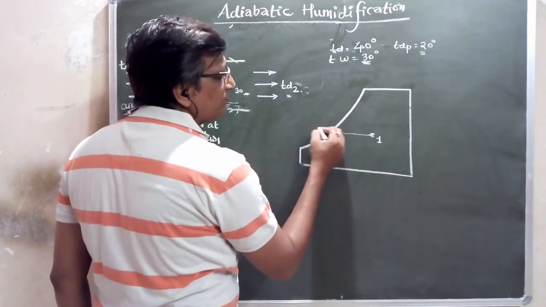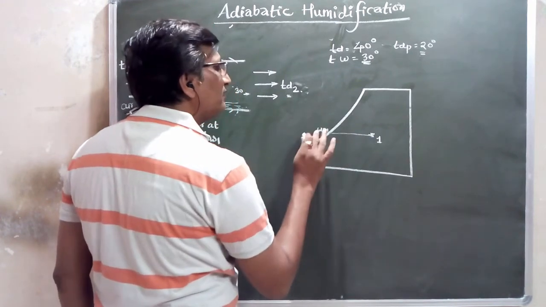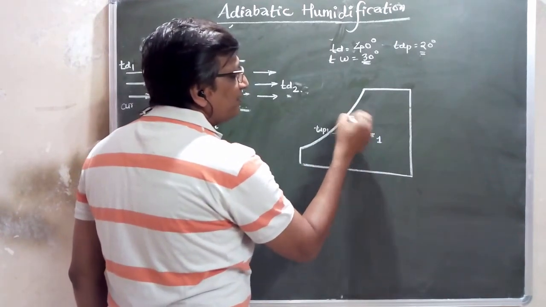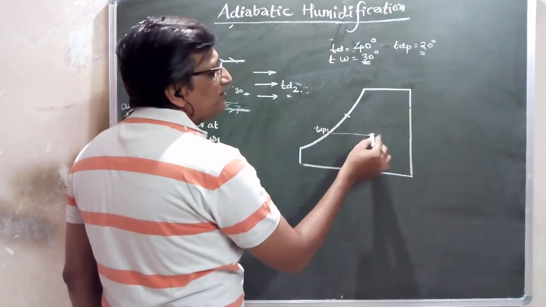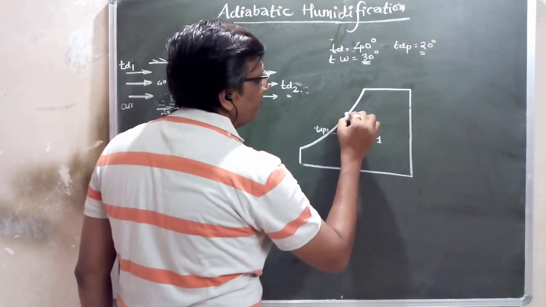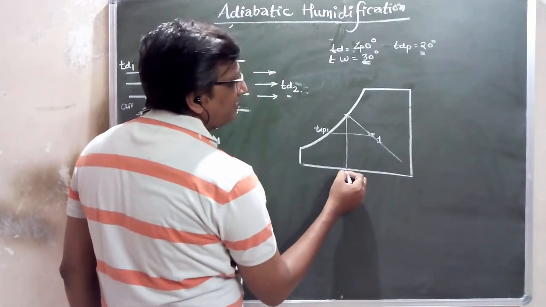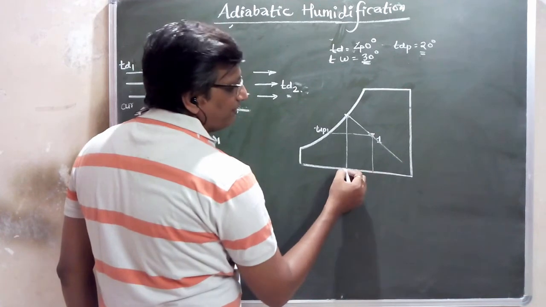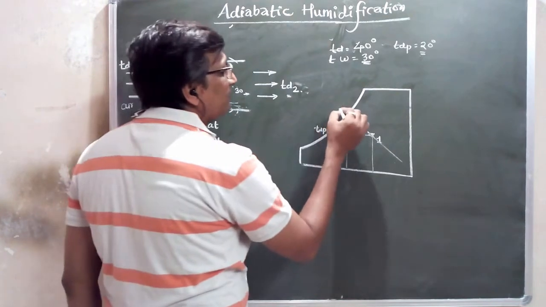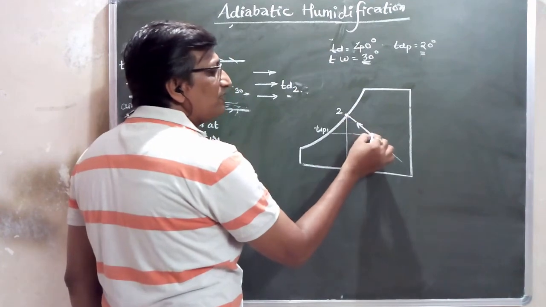Now I am cooling, and the temperature will come down along the wet bulb temperature line. The dry bulb temperature and the wet bulb temperature will be equal at saturation, and this is point number 2. So 1 to 2 is the process.